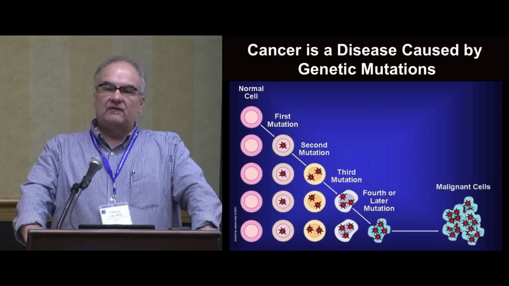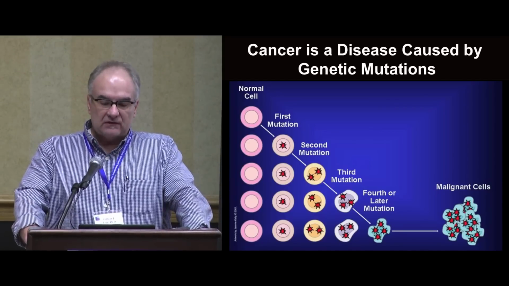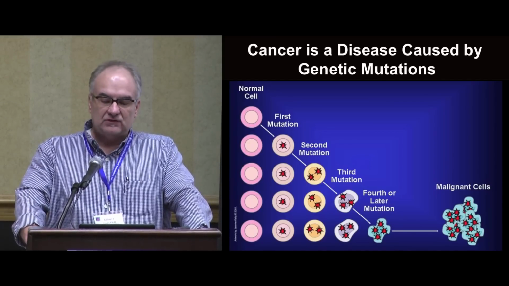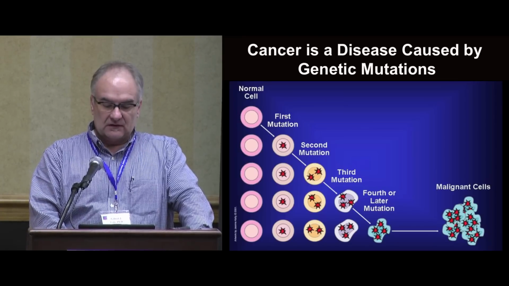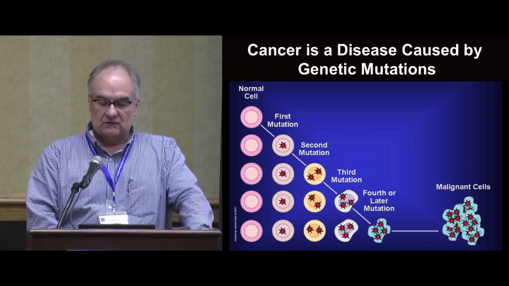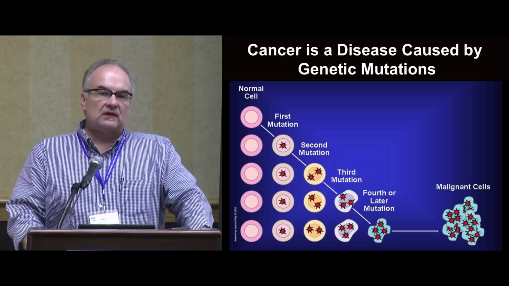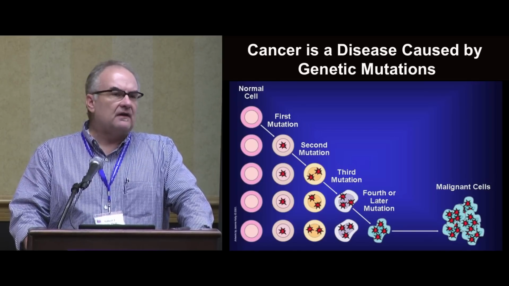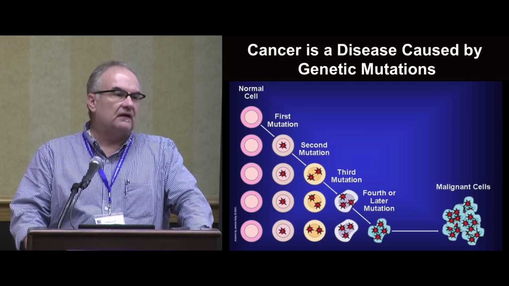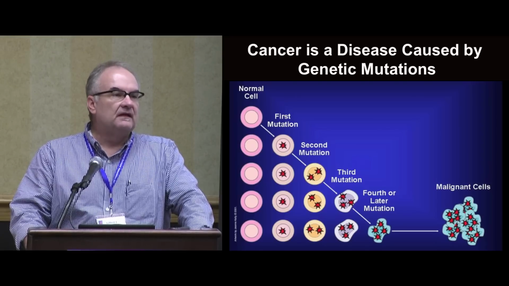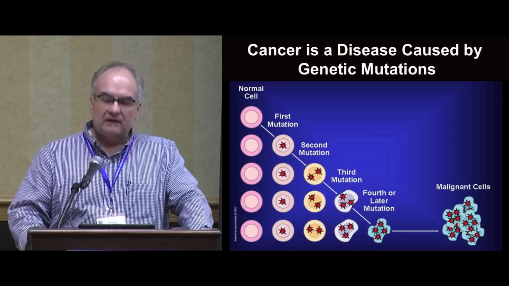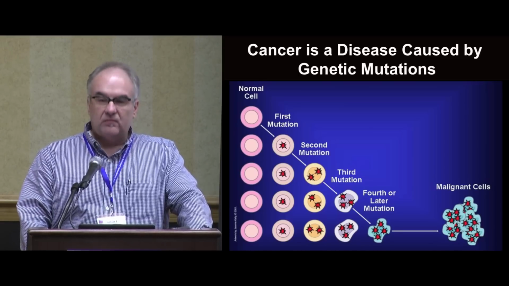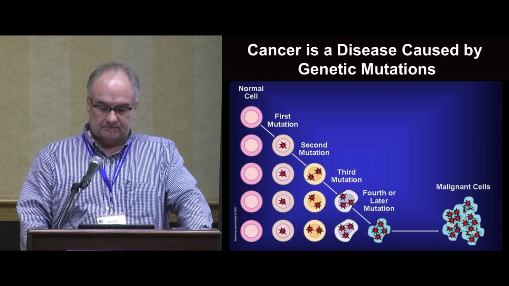So the first thing everybody should remember is that cancer is caused by genetic mutations. It's not just one mutation, it's actually a series of mutations. Having a single mutation is typically not enough to turn a normal cell into a cancer cell. You actually need multiple events that finally convert that into a full-blown malignant cancer cell.